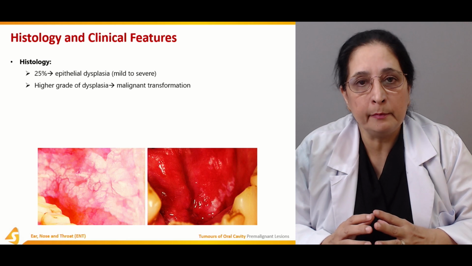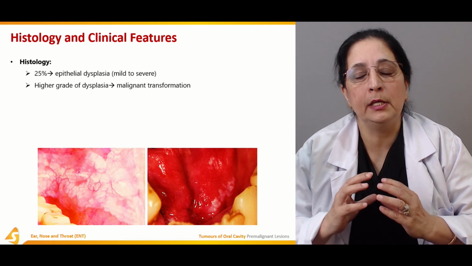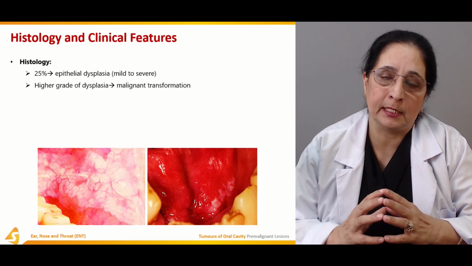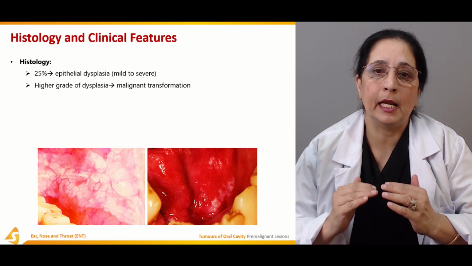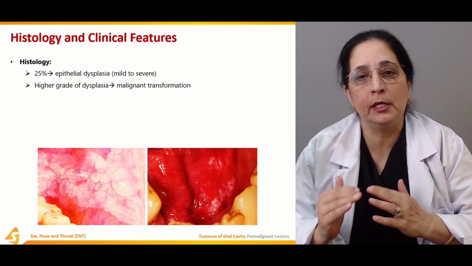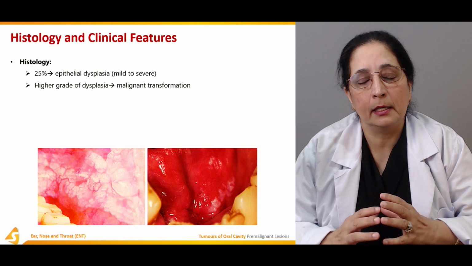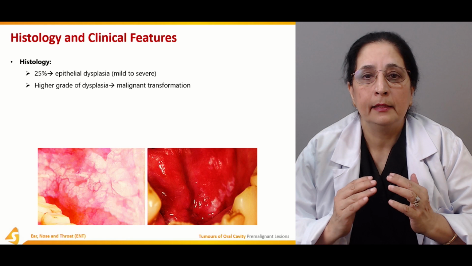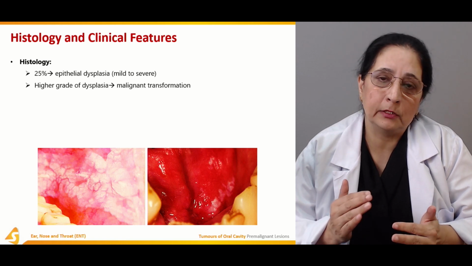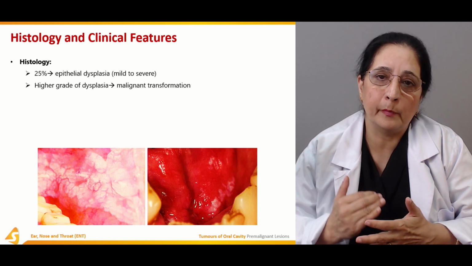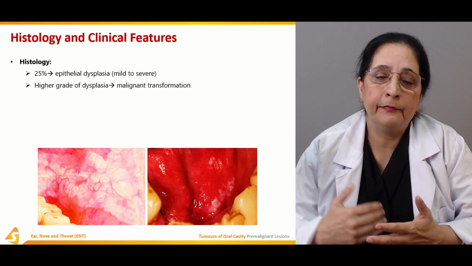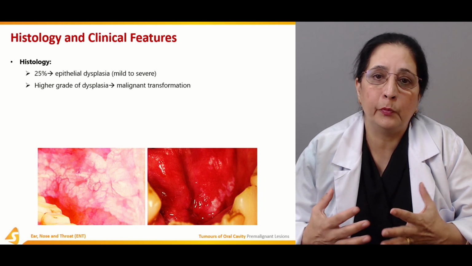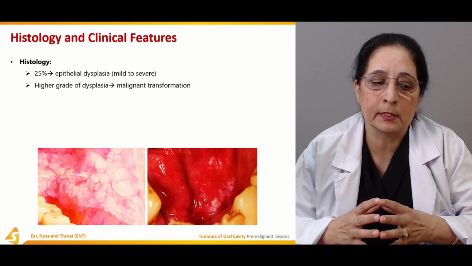Just keep in mind we are talking about the premalignant lesions. These are the lesions that have the tendency to become malignant, and they are the leukoplakia. Then we have erythroplakia also. Leukoplakia is more common in the males. The different factors that lead to leukoplakia, we already discussed.